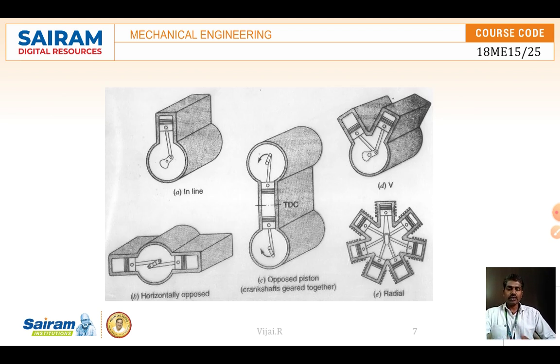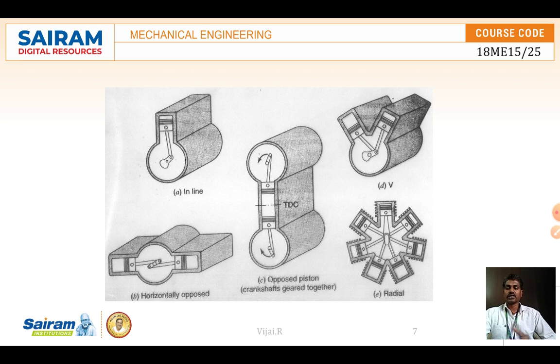And cylinders may be arranged in different orientations. That also gives a classification, according to the inline arrangement, where the cylinders are arranged in a line. A number of cylinders may be arranged in a straight line, and opposed pistons.